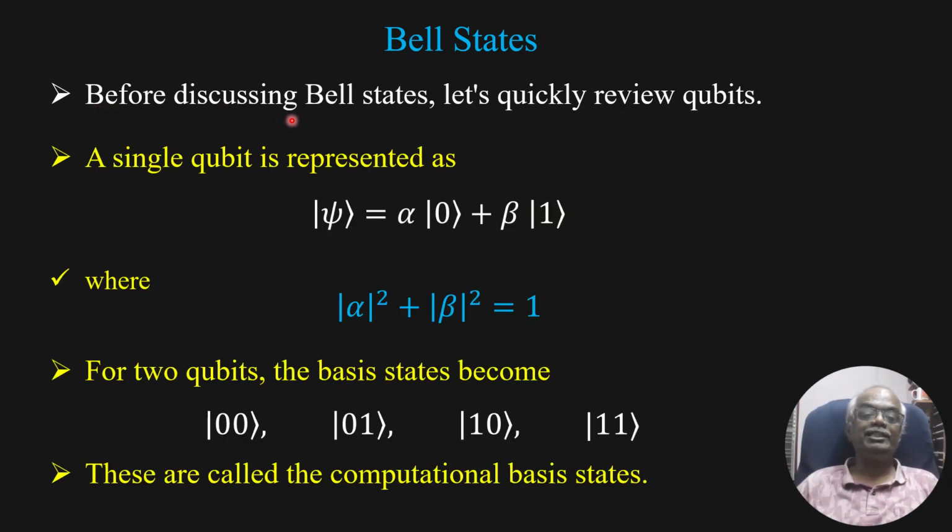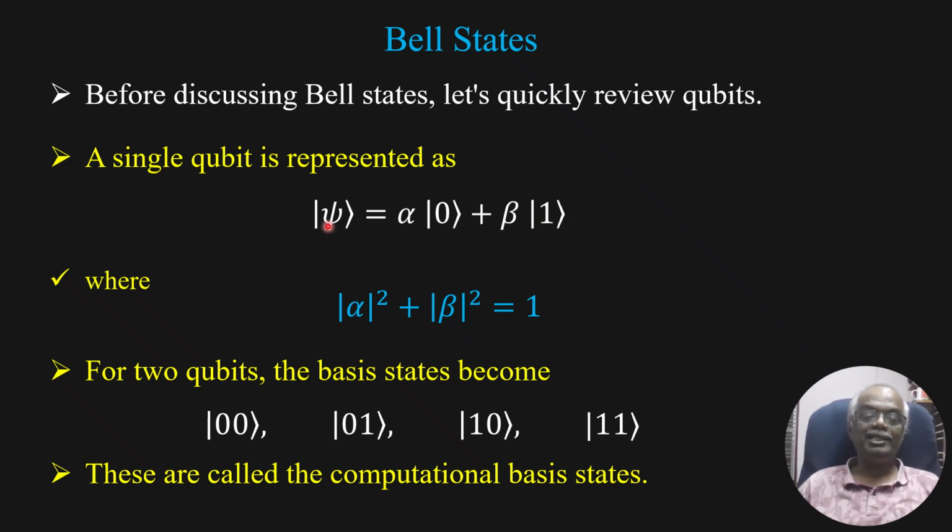Before discussing the Bell state, let us quickly review the qubit. Already we have seen in detail about the qubit. A single qubit is represented as |ψ⟩ = α|0⟩ + β|1⟩.